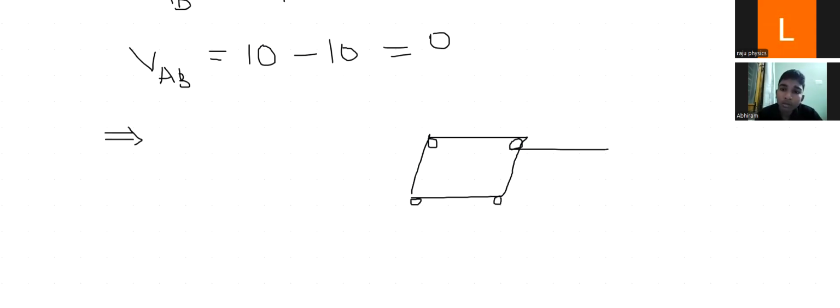One person is standing on the trolley, whose name is A. A's speed with respect to the trolley is 2 meters per second.